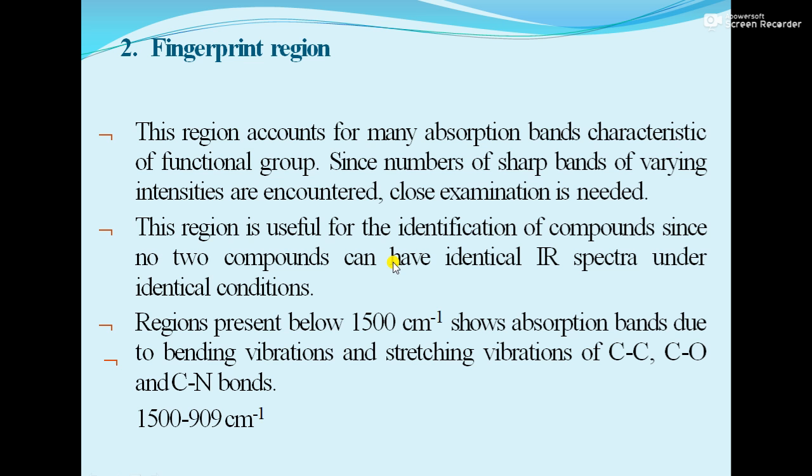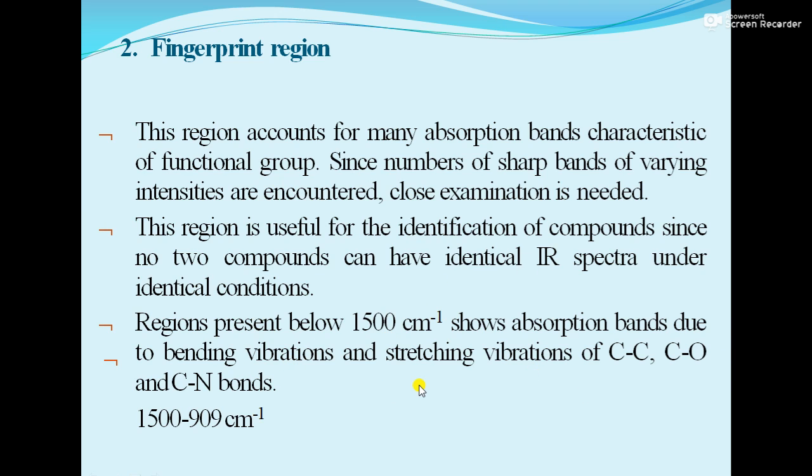Then second is the fingerprint region. The region is from 1500 to 900 centimeter inverse. This is called the fingerprint region. This is the most complex part of the IR spectrum and contains a number of absorption bands. These absorption bands appear due to the stretching and bending vibrations.